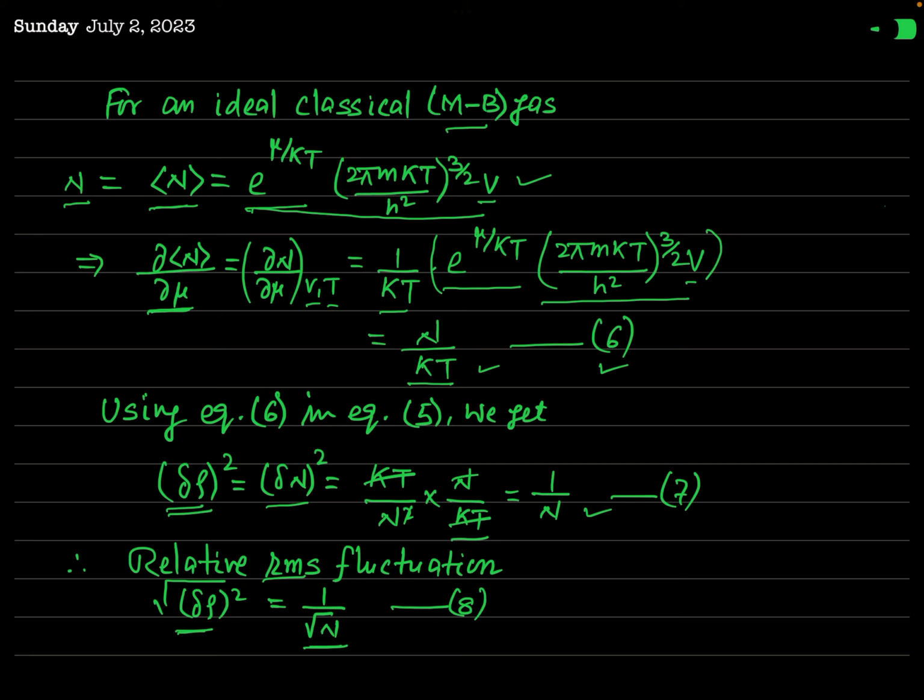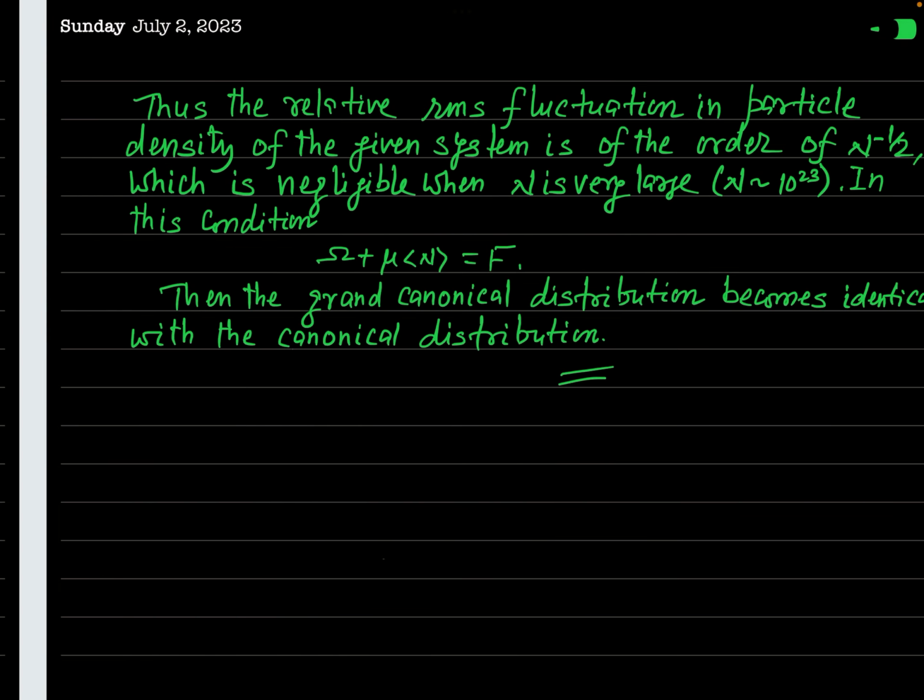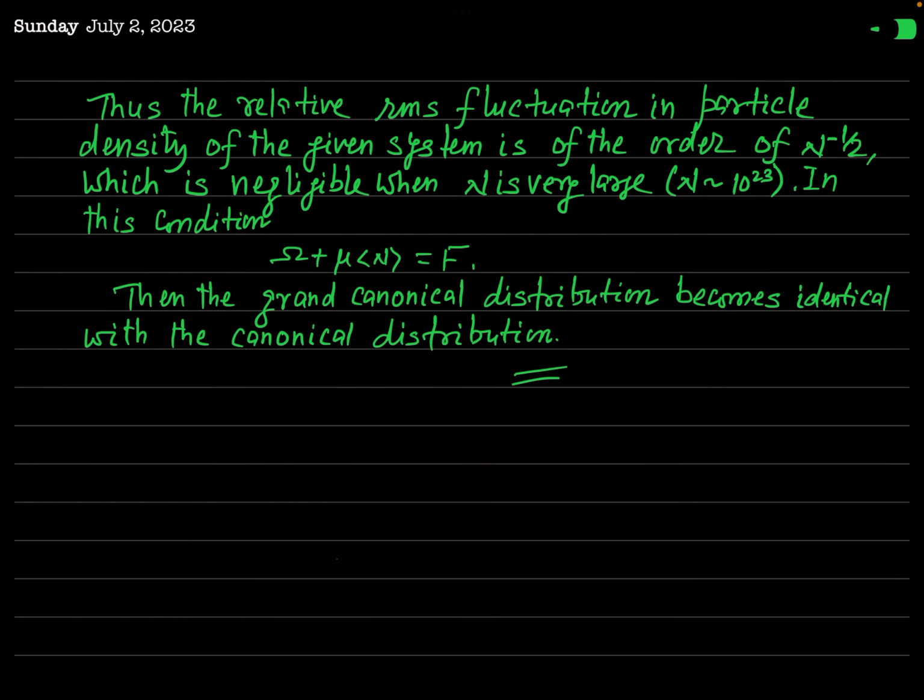But as you know, particularly in the case of a statistical system, the number of particles is very large. If you consider that the number of particles n is almost of the order of 10 to the power 23, then this value n to the power minus half, that is 1 over root n, will be very small, almost negligible.